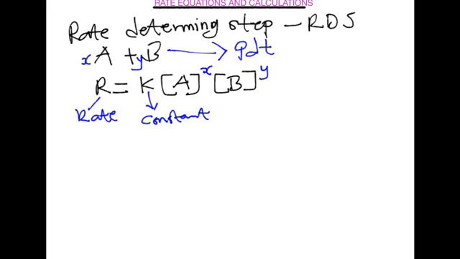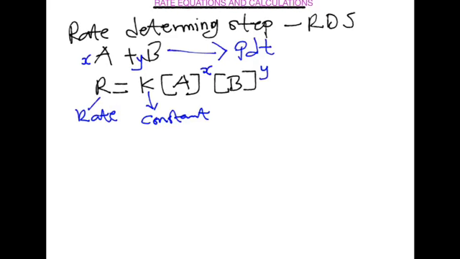Alright, so X is the order of reaction with respect to reactant A, and Y is the order of reaction with respect to reactant B. And then when we add the two, X plus Y, we have what we call the overall order of the reaction.